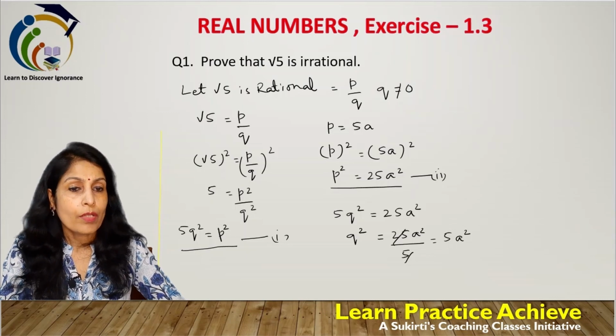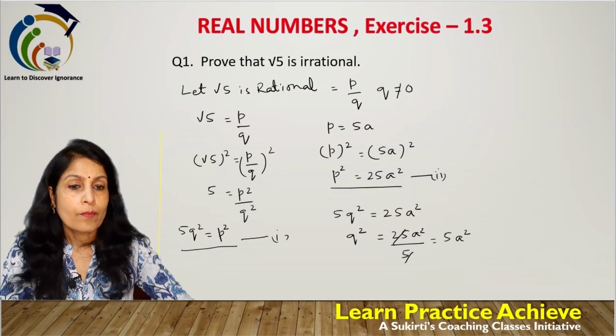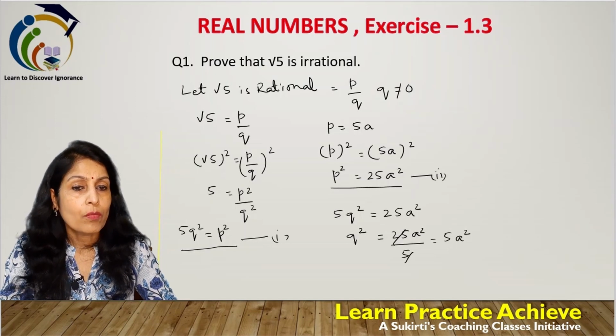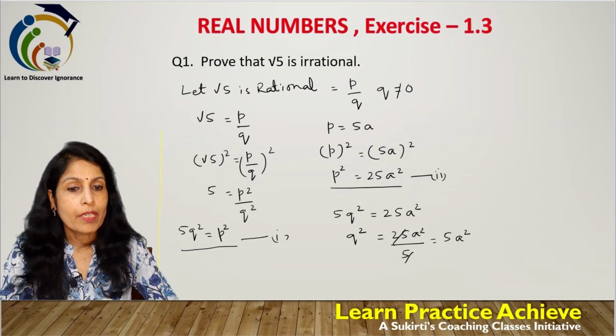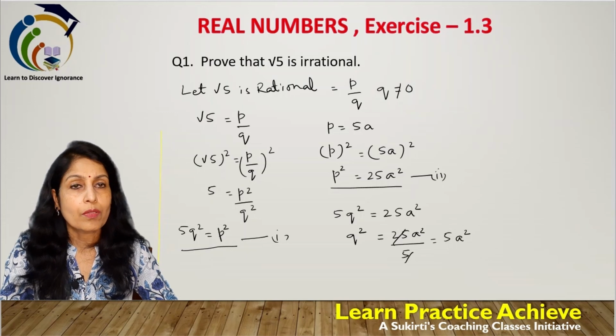But when we see root 5 is equal to P upon Q, and we have taken it as a rational number, there should not be any common factor between P and Q. But here we have proved that P is divisible by 5 as well as Q is also divisible by 5.